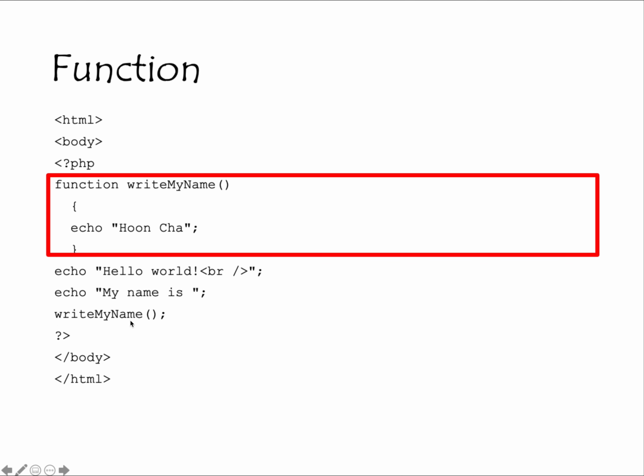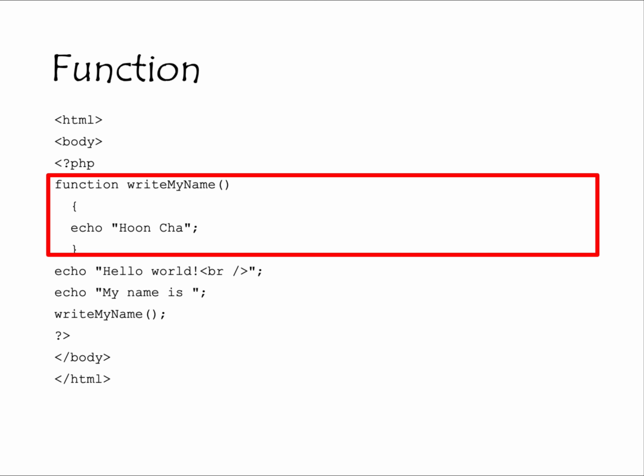Then when you call this function, it will look at where the function is, and inside the function block there is an echo statement, so we will echo Hun Cha in this place. In this example, we call this function only one time, but in general, if you develop a function, you may call it in several places and several times.